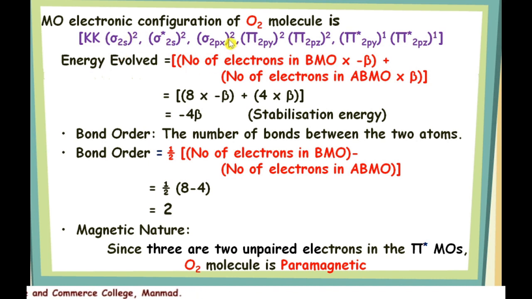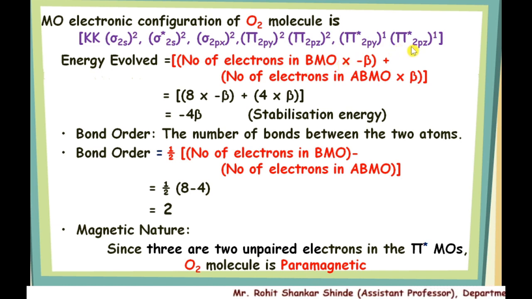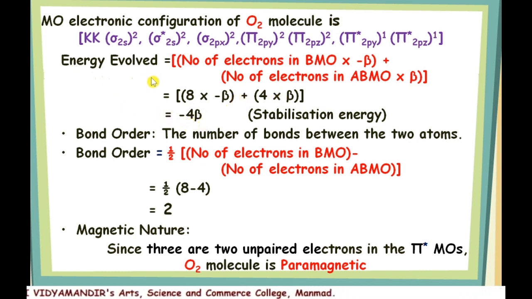So 2 plus 2 plus 2 plus 2, total 8 electrons are there in BMO, while 2 plus 1 plus 1, total 4 electrons are there in anti-bonding molecular orbitals. Let us put values: 8 into minus beta plus 4 into plus beta. Minus 8 beta plus 4 beta becomes minus 4 beta, and hence energy evolved during formation of O2 molecule is minus 4 beta, which is a stabilization energy.